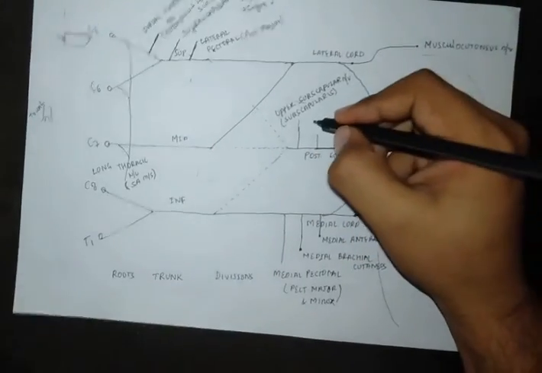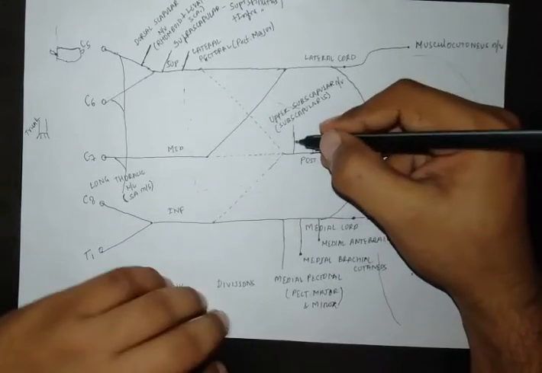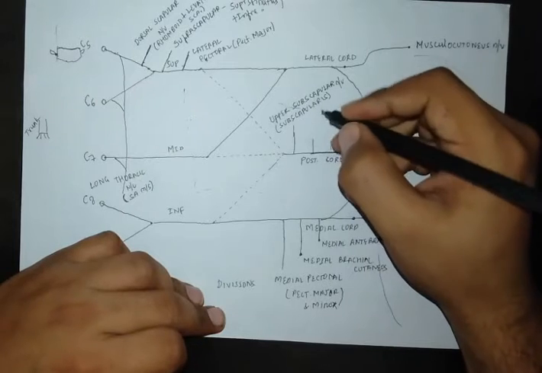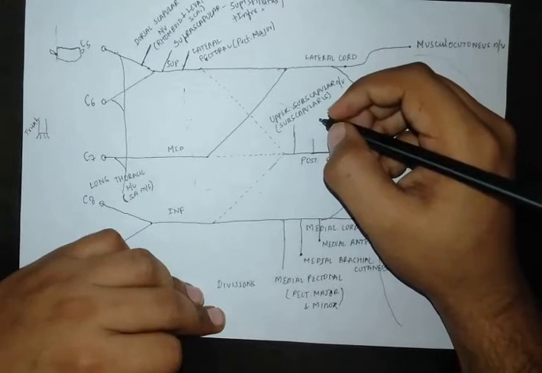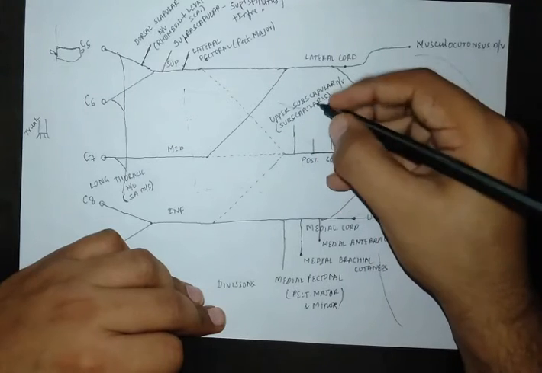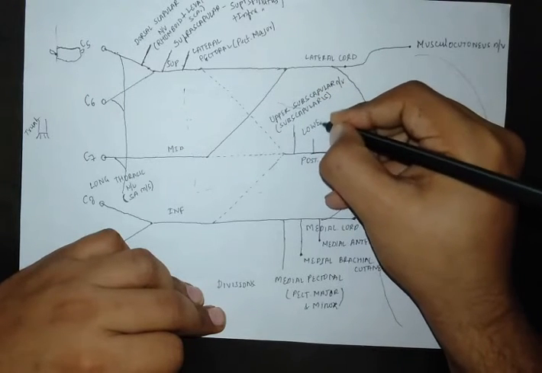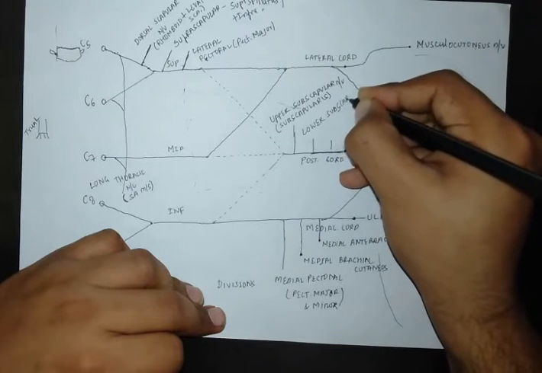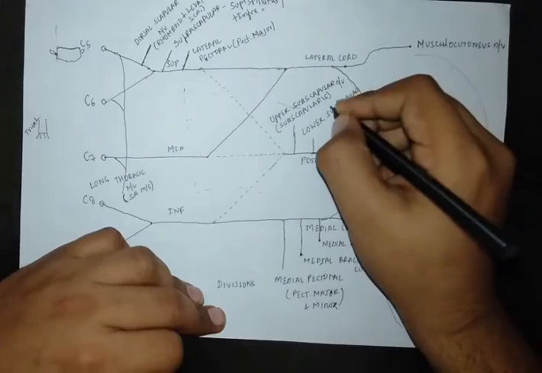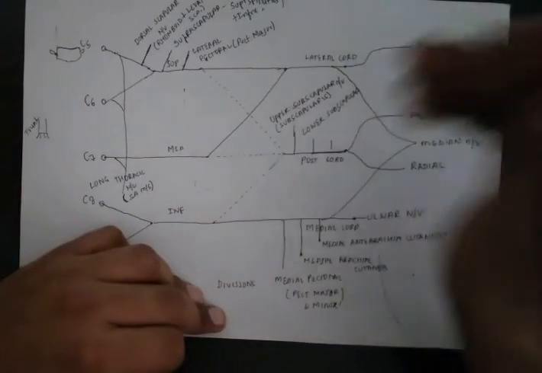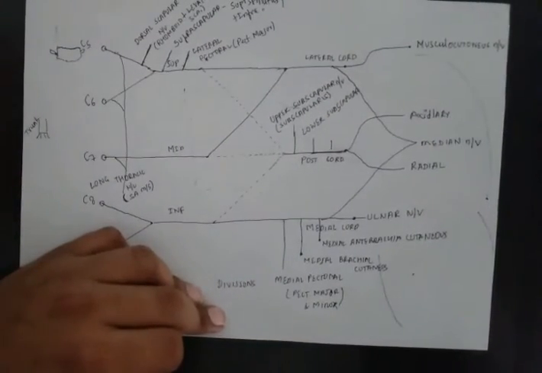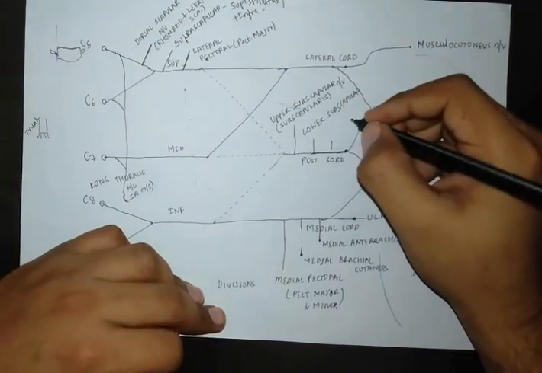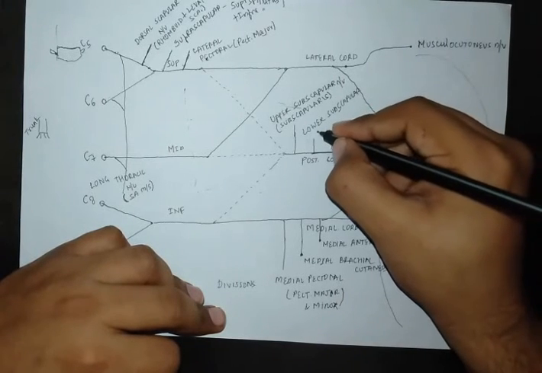The first thing it does is supply the first subscapular region muscle: the upper subscapular nerve, the subscapularis muscle. Now the second, after giving the upper subscapular, it gives the lower subscapular. What it supplies is again that subscapularis muscle.